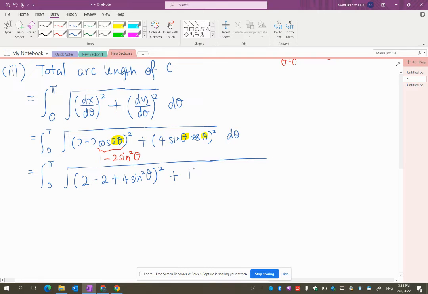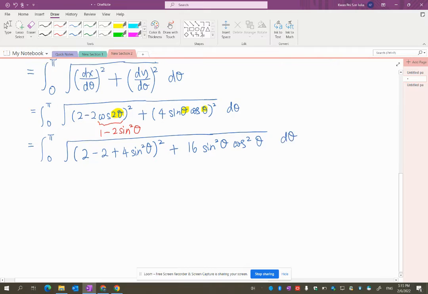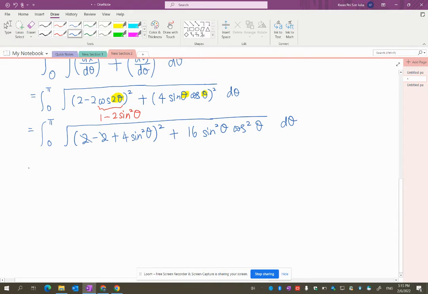And then this will be 16, since 4 squared is 16. Be careful in your manipulation. Let's cancel. So 4 squared is 16, and we have a sine to the power 4.